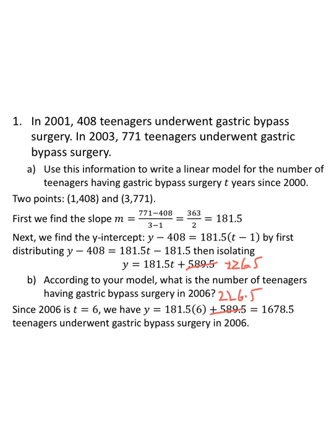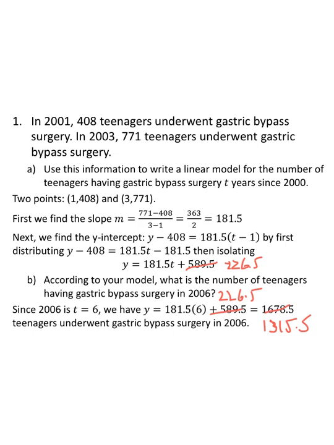Once again, I would need to use a calculator. When we multiply 181.5 times 6, because 2006 is 6 years later, and add 226.5, this should be 1,315.5 teenagers who underwent gastric bypass surgery in 2006.